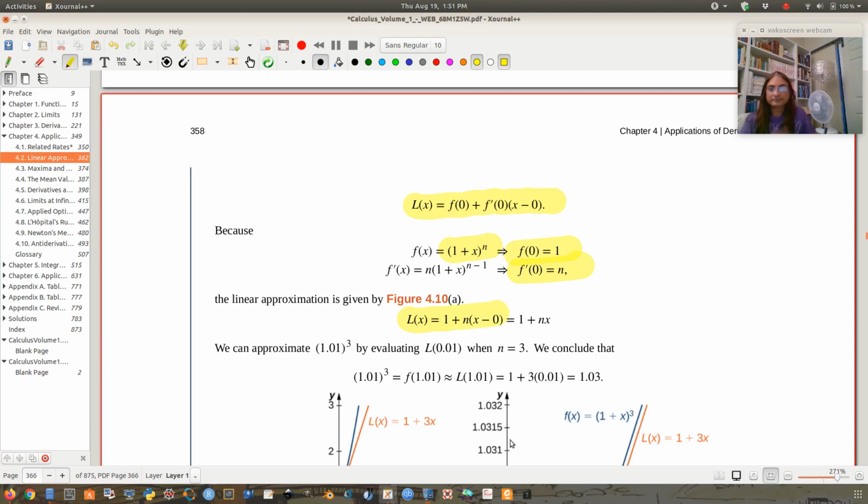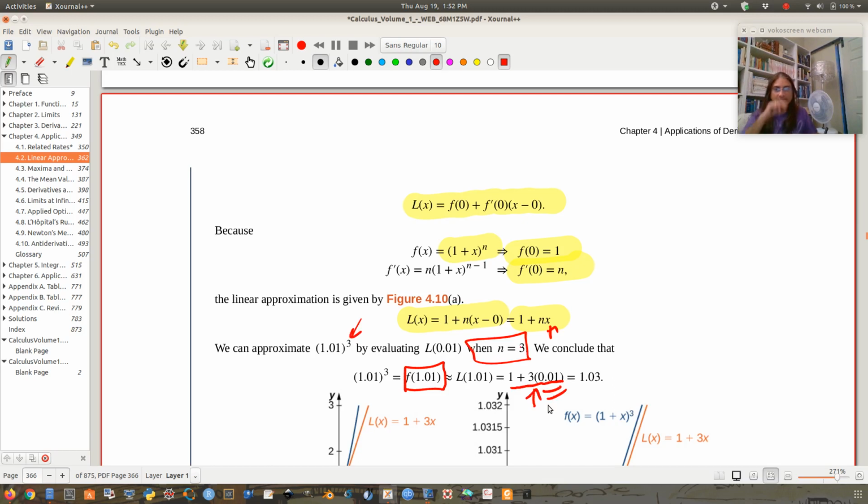Now it becomes basically 1 plus nx as the approximation of the function. Plug in 1.01 for x. So f of 1.01 is 1 plus n, where n is 3 here.